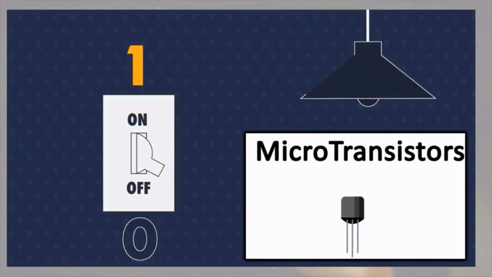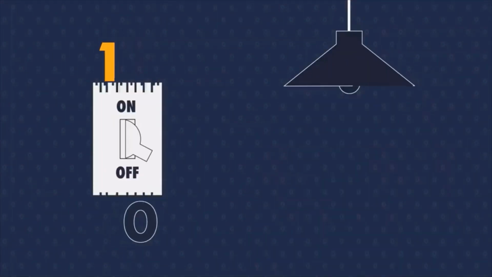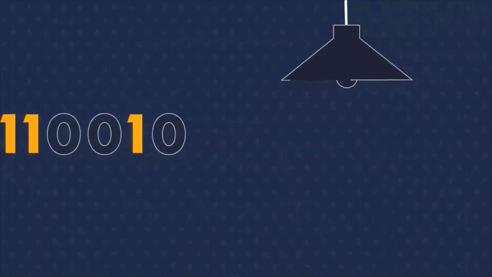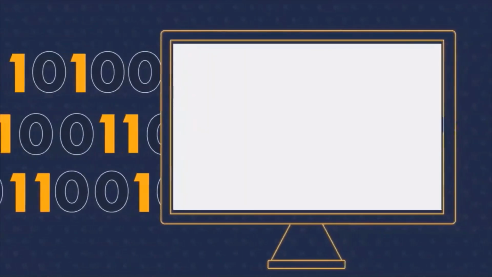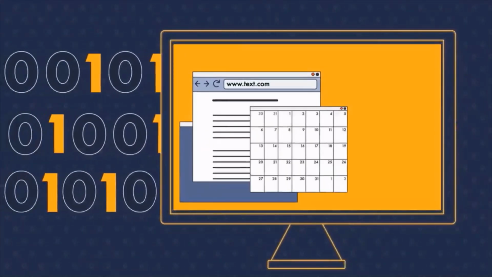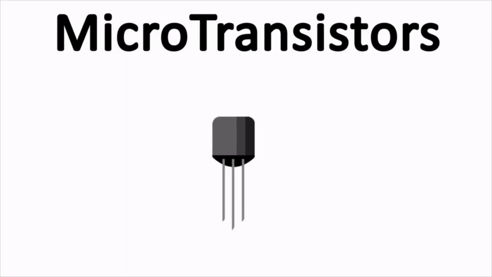So this is the fundamental principle behind the binary system, which is used to code in computers, and the data is converted into the binary language and stored in computers, and the data stored may be protein structure, sequences, anything.